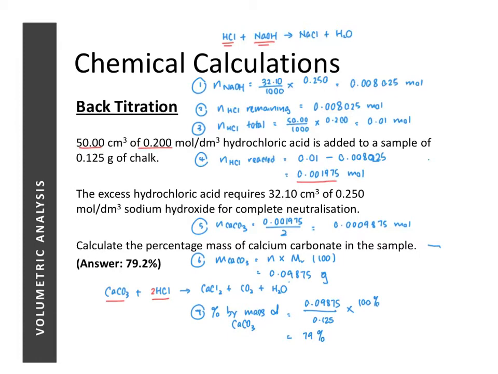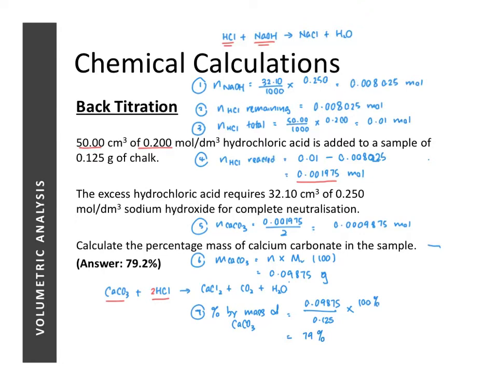Again, we have the amount of an unknown, something that we want to find out. We add, okay, let's call it reactant A. Alright, we want to find out the amount of reactant A. We add an excess of another reactant, reactant B, so that A will be completely reacted. Okay, so at the end of the reaction there will be some B remaining.